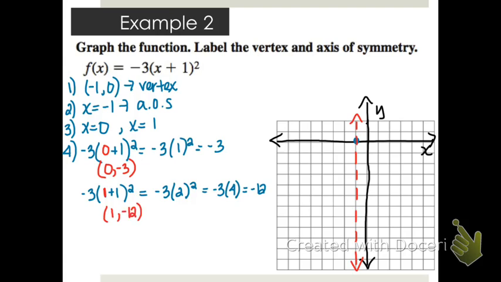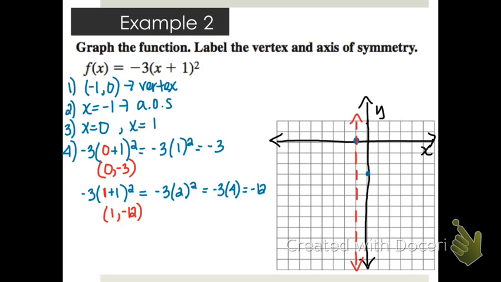So let's go ahead and graph those. So I have (0, -3), which is right here. I know my y-axis is a little squiggly. And then I have (1, -12). So this is why I shifted the window of the graph down, because we go down 12.